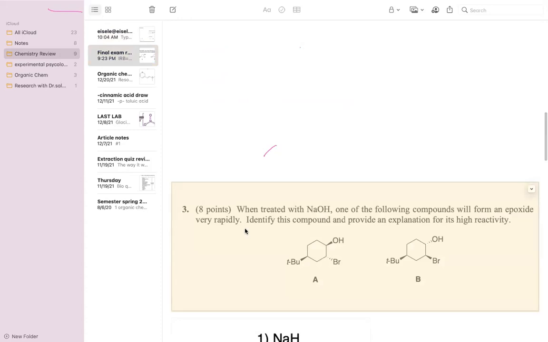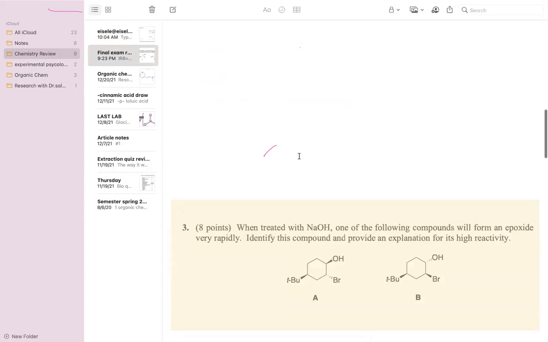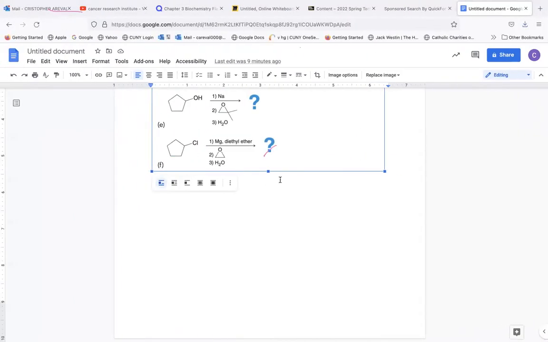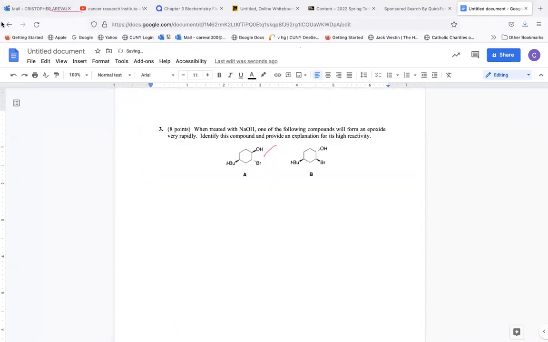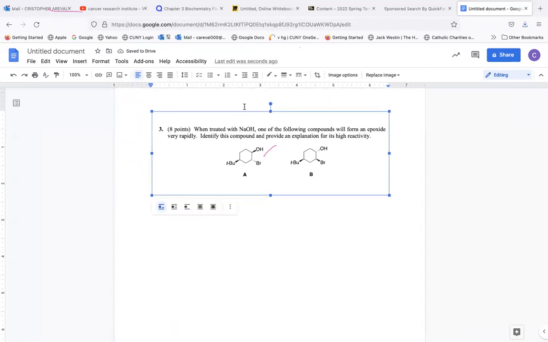All right, guys. First exam problem. Okay. So it says when treated with NaOH. Okay. Give me a second. I want to make sure of something real quick.